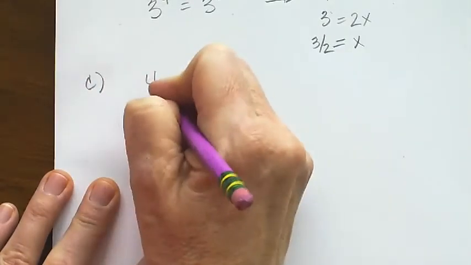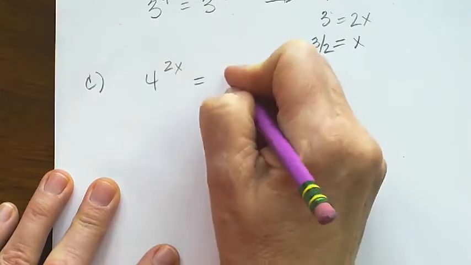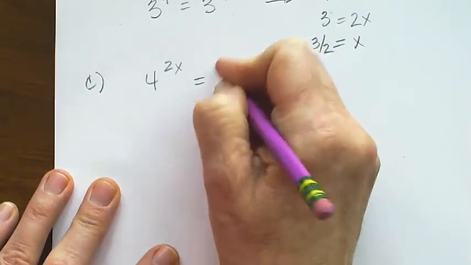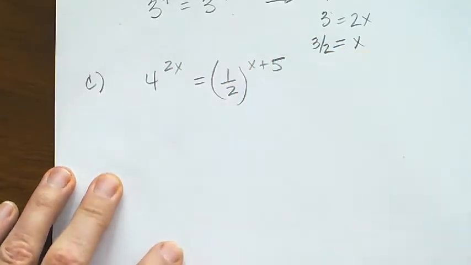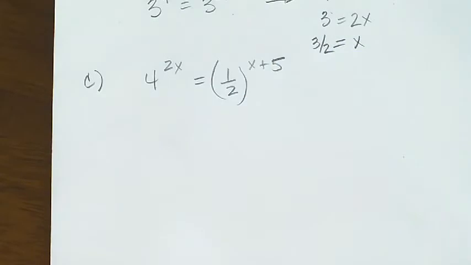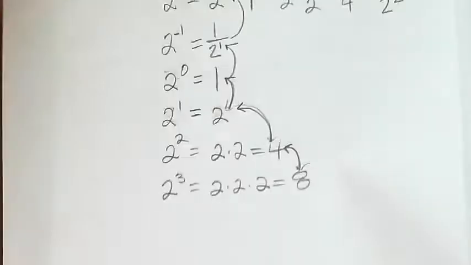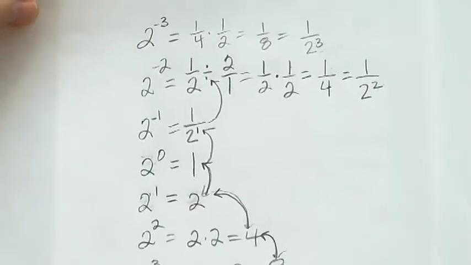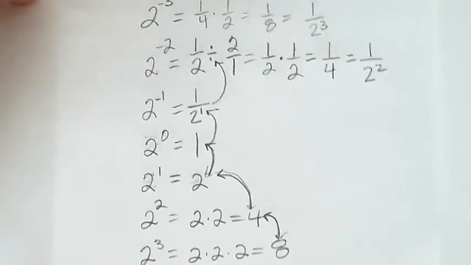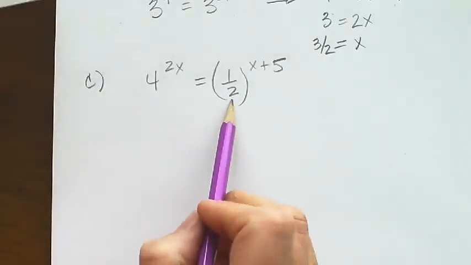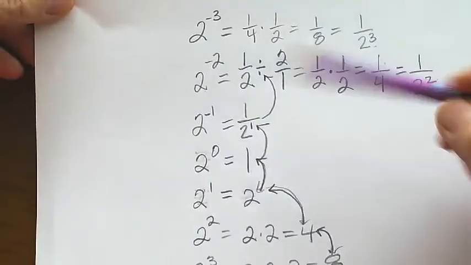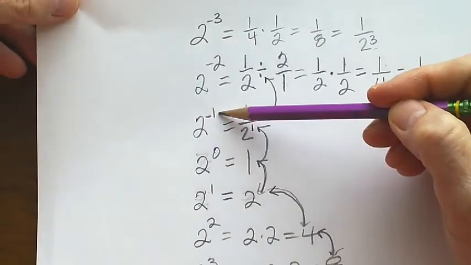Okay, part C, 4 to the 2x equals 1/2 to the x plus 5. So remember, in the last video, we looked at this pattern to figure out what negative exponents mean. And 1/2 is 2 to the -1 power.